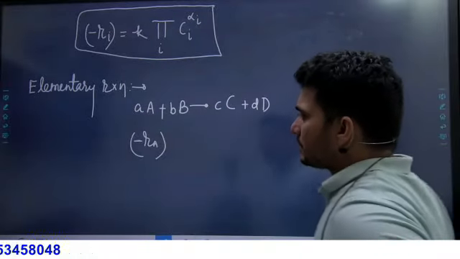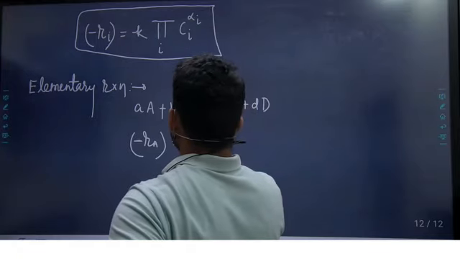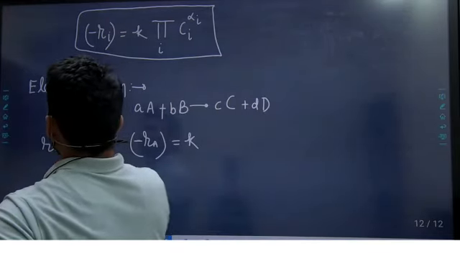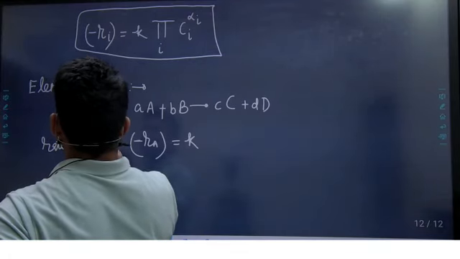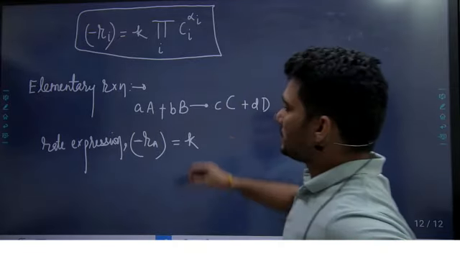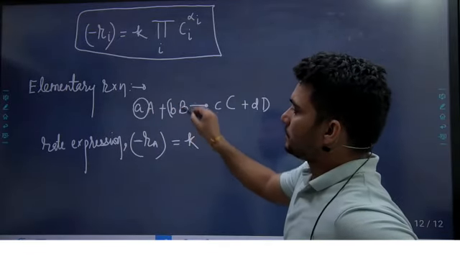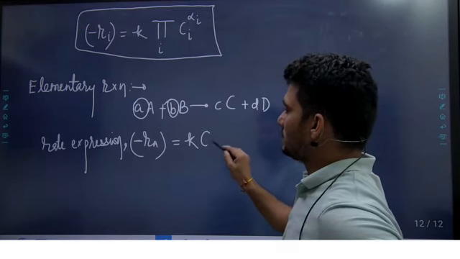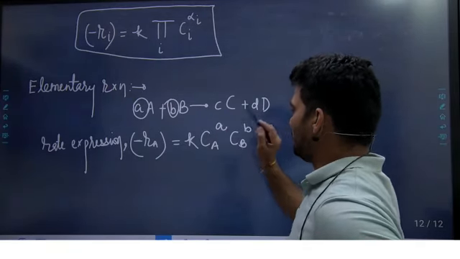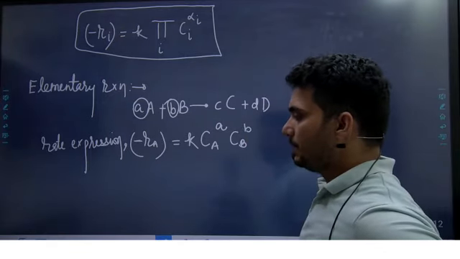In this case, the rate expression corresponds to the stoichiometric coefficients, so you can write it as Ca to the power a, Cb to the power b.